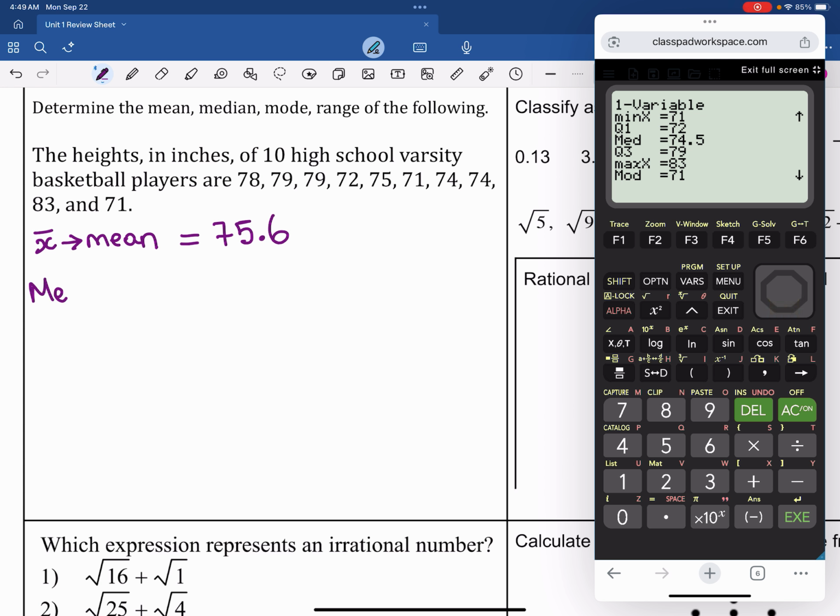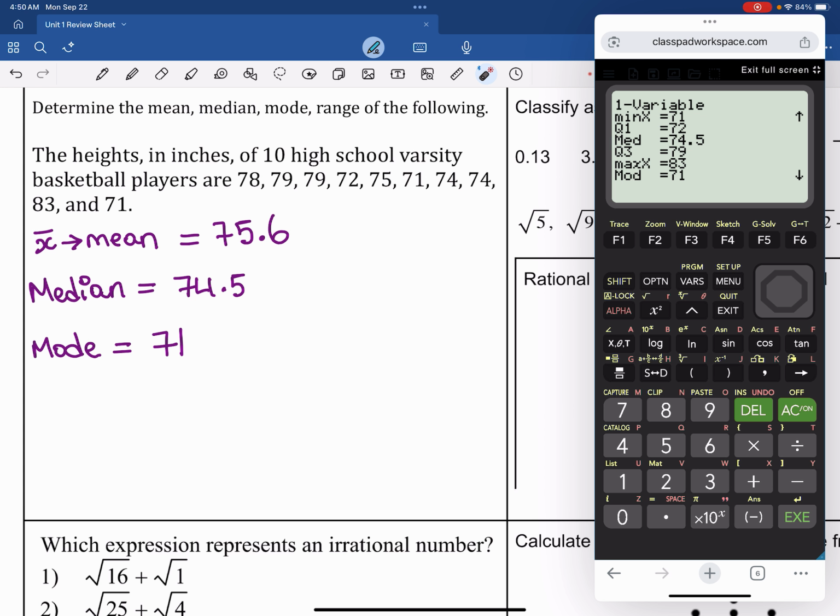So your median here is 74.5. And then if you look under max, we have MOD. That's your mode. So your mode here is 71 because 71 is repeated 2 times in our data set.